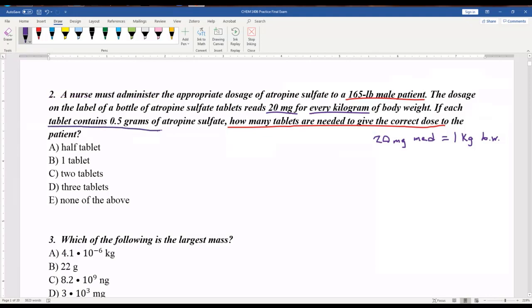Okay, I also see it says each tablet contains 0.5 grams of atropine sulfate. Well, if that's the case, that's another conversion factor. 1 tablet is equal to 0.5 grams of the medicine.